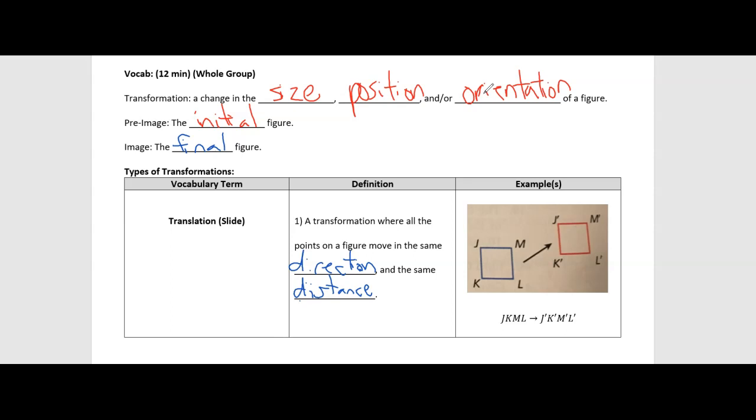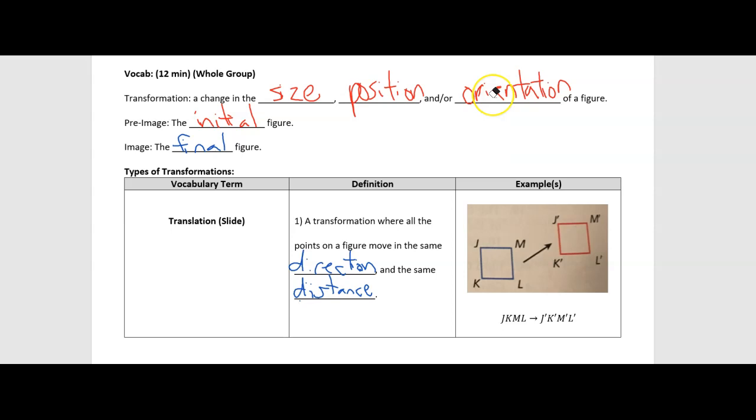Let's talk about what this notation means down here. So this right here would be our pre-image. And this right here would represent our image. I'm going to redo that because that's confusing based on what the colors on the document say.